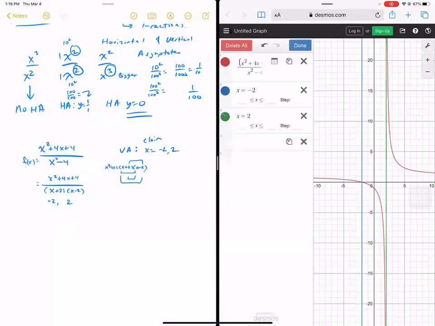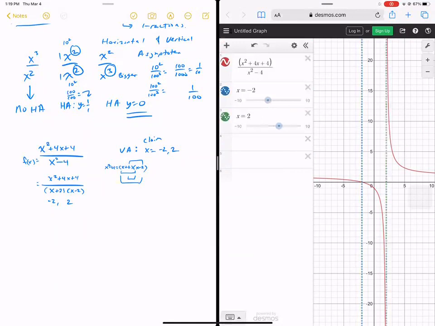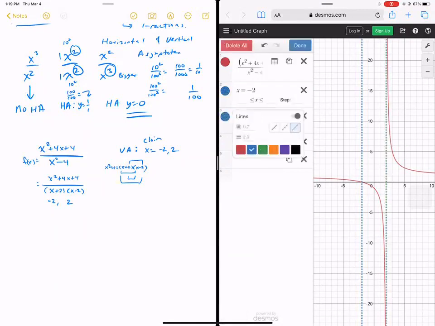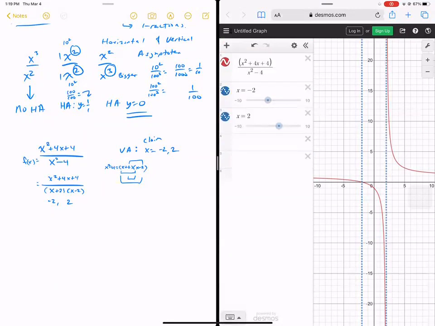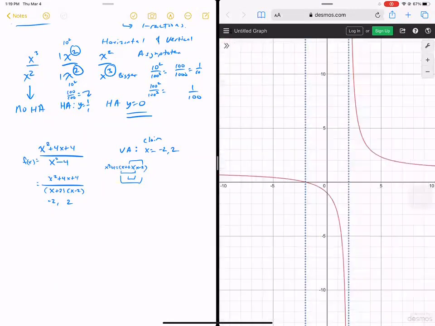I'll change these to dotted lines, in blue, so we don't get confused. My claim is that we're supposed to have two vertical asymptotes. But we don't, do we?